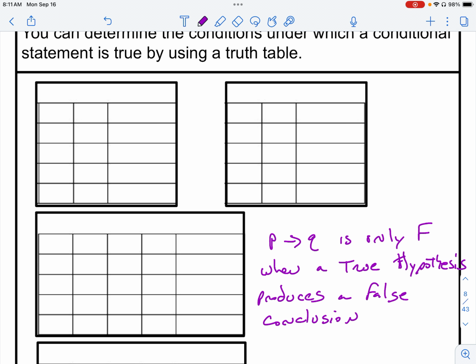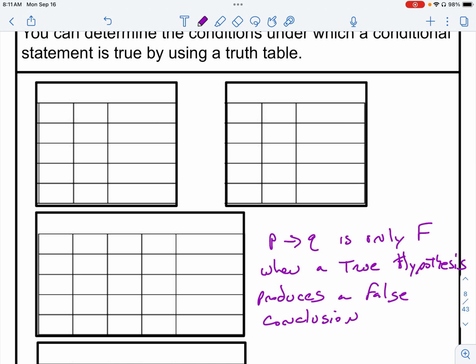Otherwise, it's a true statement, because if they're both false, then that's what we expect. If they're both true, that's what we expect. If the hypothesis is false, but the conclusion is true, well, that's possible because the hypothesis is in a very narrow band.